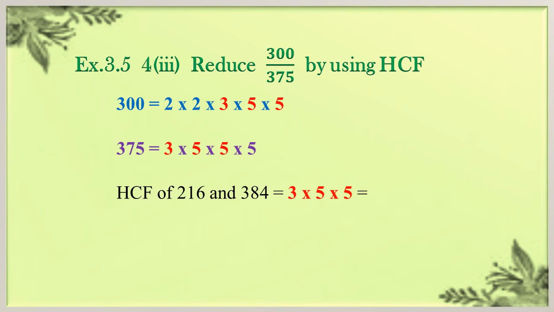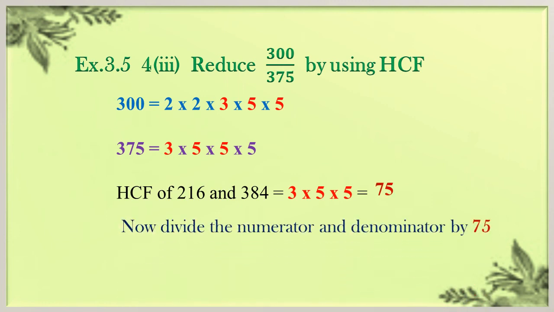That is 3 5s are 15 and 15 5s are 75. Now divide the numerator and the denominator by 75. When you divide the numerator and the denominator by 75, the answer is 4 by 5.